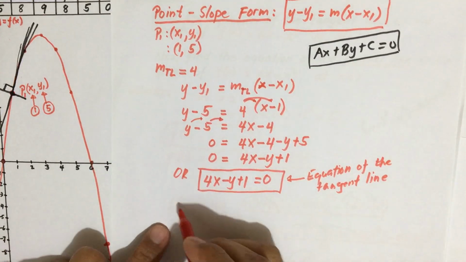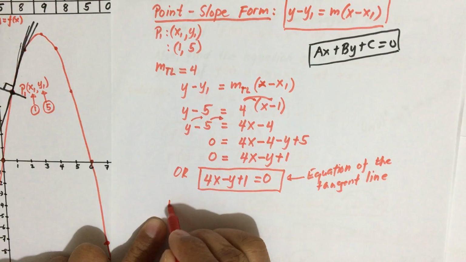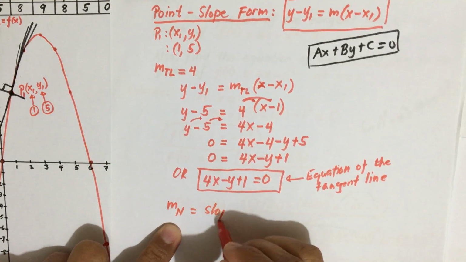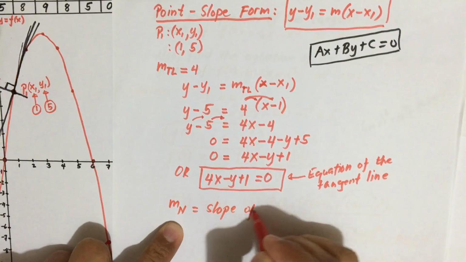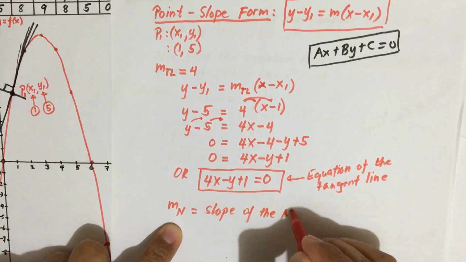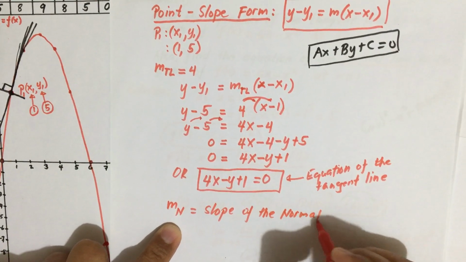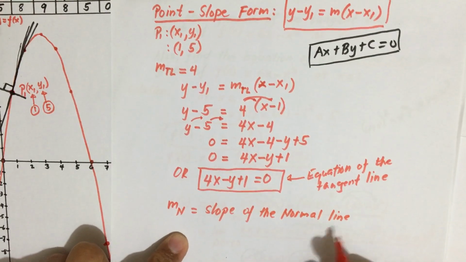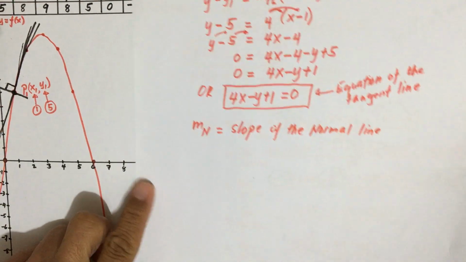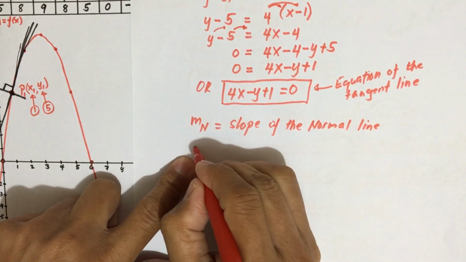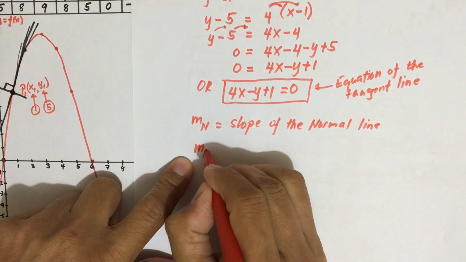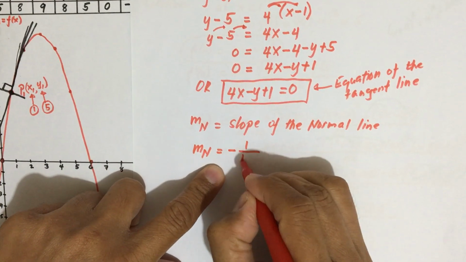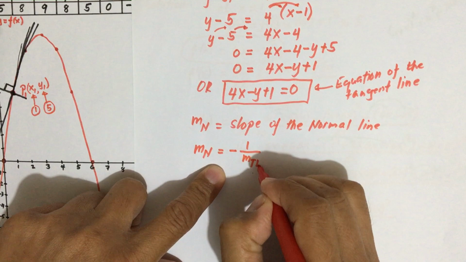If we let mn be the slope of the normal line, its relationship to the slope of the tangent line is that the slope of the normal line is equal to the negative reciprocal of the slope of the tangent line.